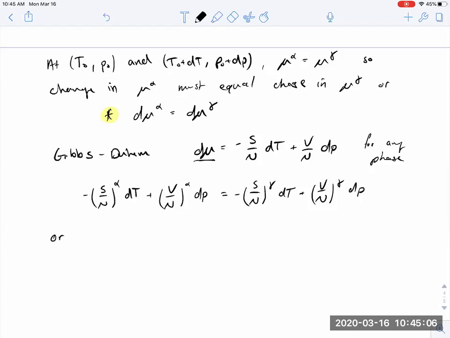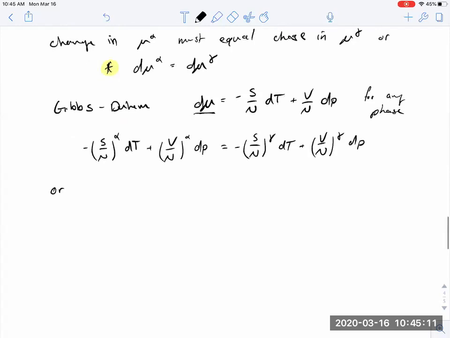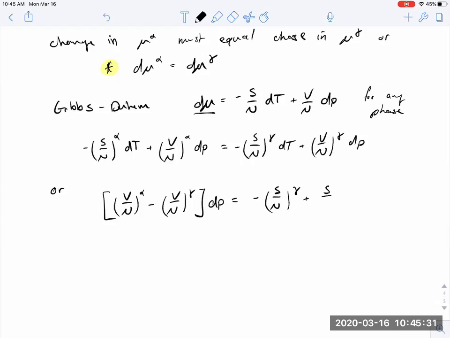Rearranging this, I could bring the dP's to one side, so I'll have V over N alpha minus V over N gamma times dP. I'll move the dT's over to one side, so I have minus S over N gamma plus S over N alpha times dT.